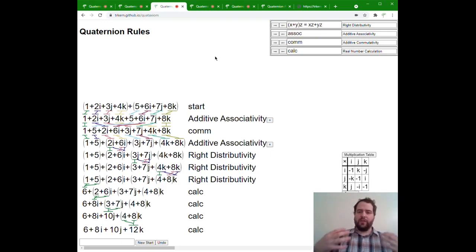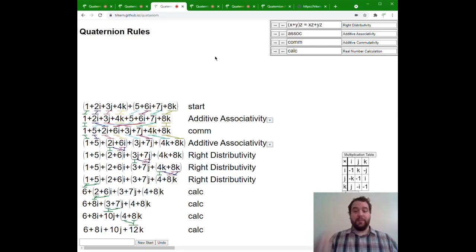Well, our approach is actually going to be, and this is not the approach that you would use as a human, but if you're trying to prove what are all of the rules that we need, we're going to want to convert every formula that represents a quaternion into some sort of normal form. And that normal form is going to be a plus bi plus cj plus dk, where a, b, c, and d are real numbers.